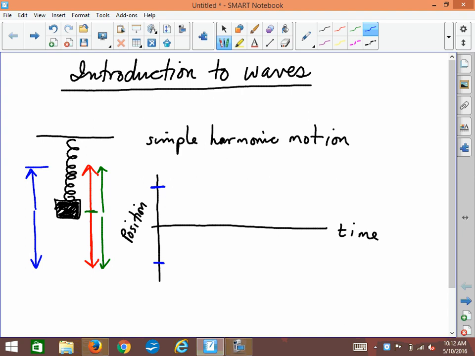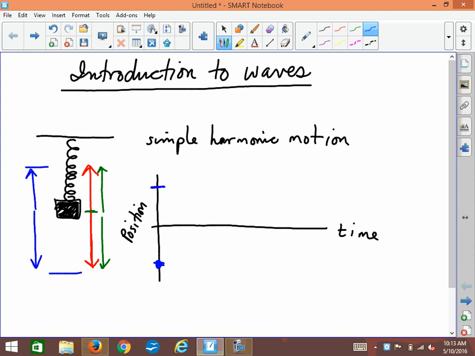So if we start with it in the middle, and then I grab it and I pull it down, so I'm holding it at the bottom, right about here. And that's when I let go. That's when the simple harmonic motion would begin. We would have to start our graph down here at the lowest point. And when I let go, as time moves on, the mass is going to move upward.